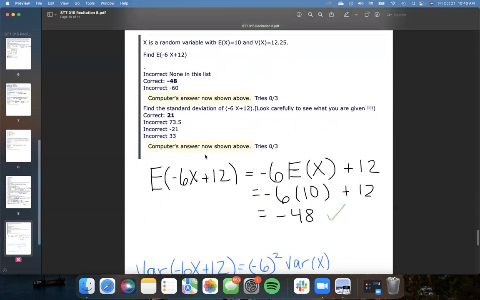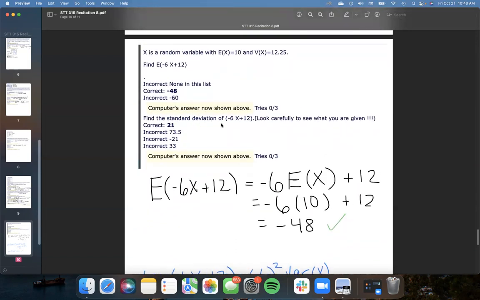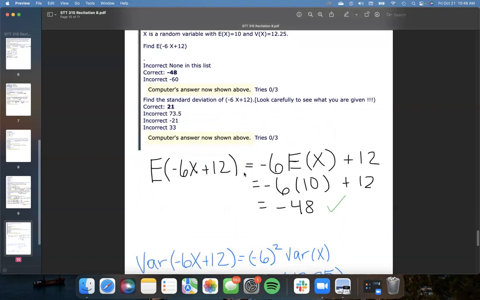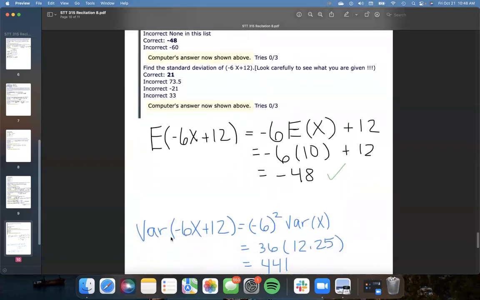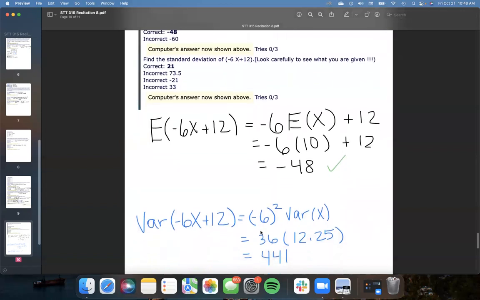And then the variance, so find the standard deviation. But we're given the variance up above. So first we'll find the variance, and then we'll take the square root at the end to get the standard deviation, which is what we're ultimately looking for. So the variance of negative 6x plus 12 is, when you take the constant outside that's multiplied by x, you're going to square it.